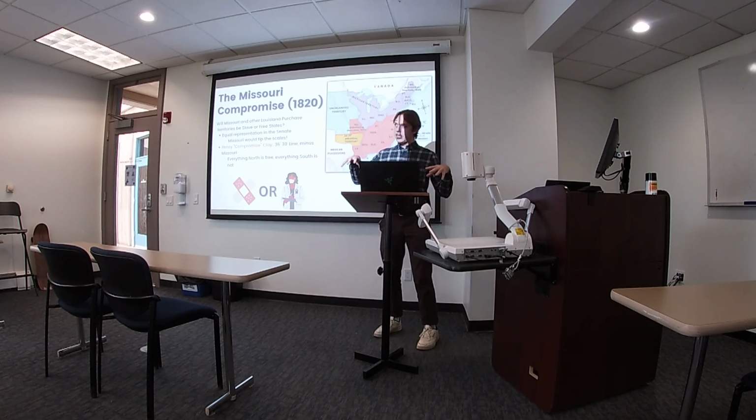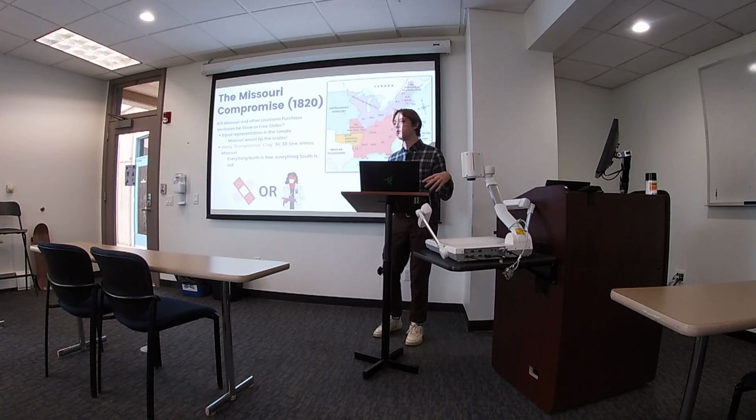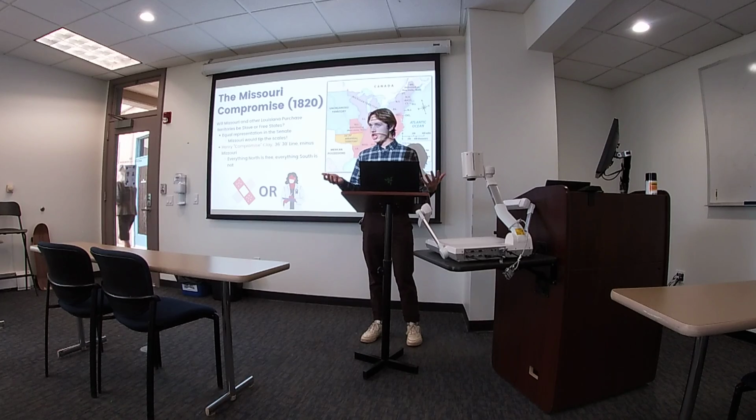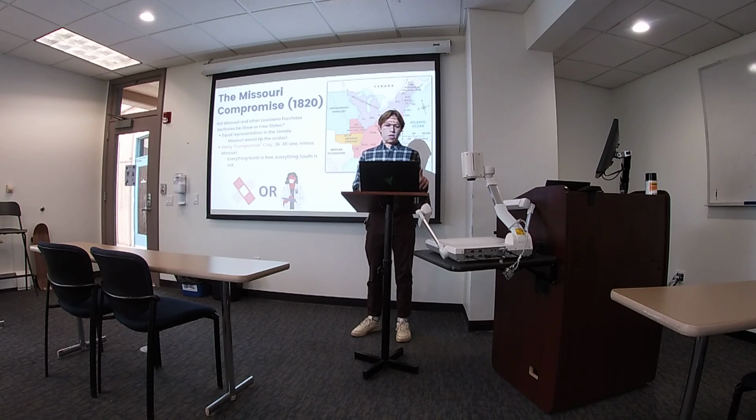Now, this came at a very crucial time in the Union because currently the Senate had an equal number of northern and southern states represented. So Missouri being brought into the Union was going to shake things up a bit. It was either going to tip the scales in the free state or the slave state direction.